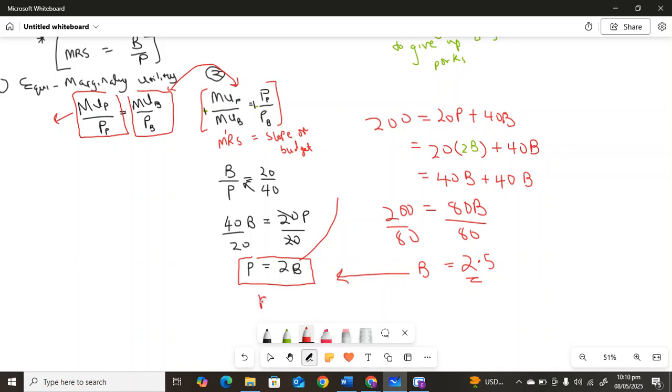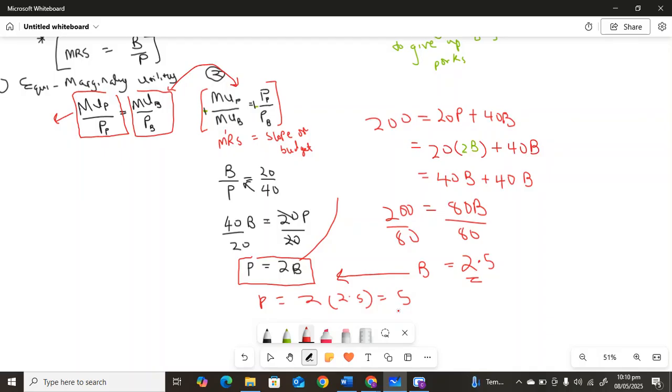So here P equals 2 times 2.5, that is 5 units of pork.